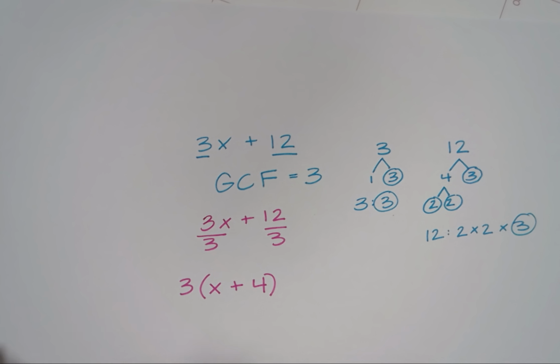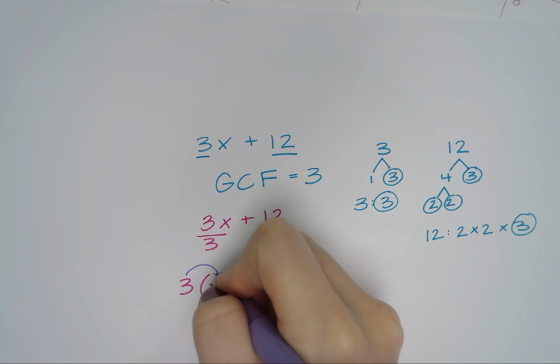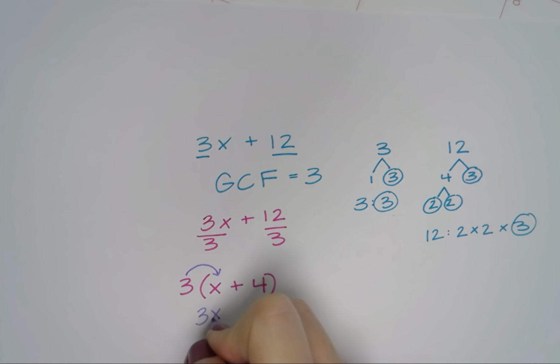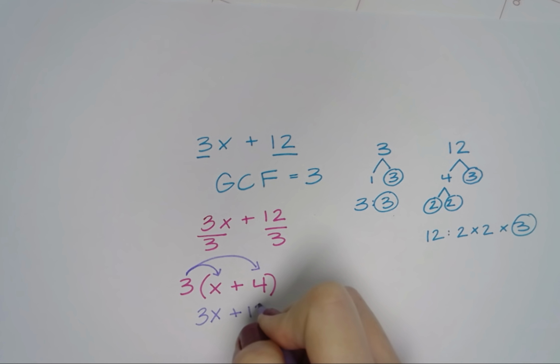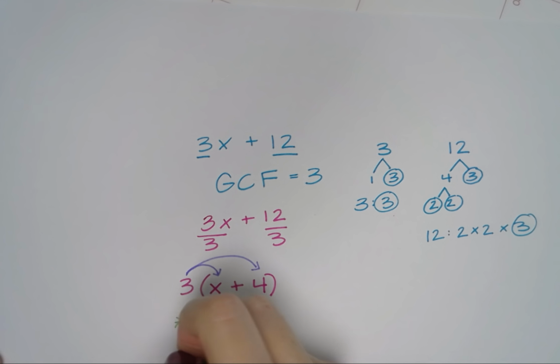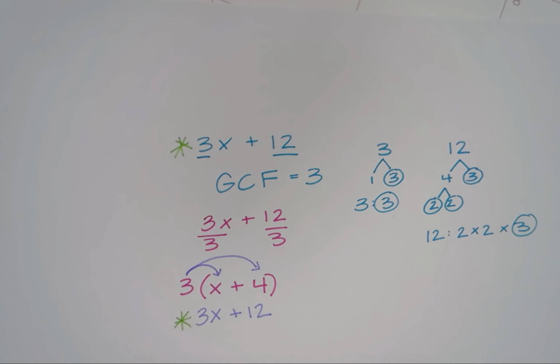That way, if I were to use the distributive property, 3 times x is 3x. 3 times 4 is plus 12. And we see that this is the same as this. And that is how to factor an expression.